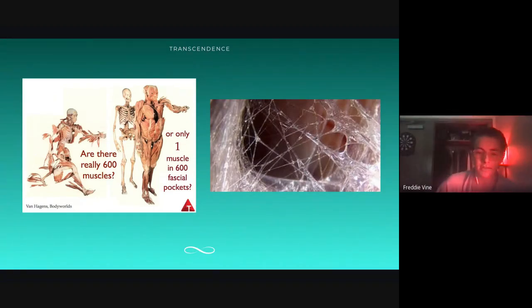The pioneer of this field of fascia, which is something I'm still learning about, by the way, I'm no expert yet, is a guy called Tom Myers, and this diagram on the right is from him. His famous line is, are there really 600 muscles or only one muscle in 600 fascial pockets? That illustrates the idea that all of these muscles, which we think are individual, are actually just encased in this one biomechanical system via fascia.